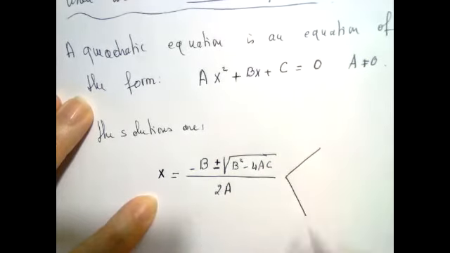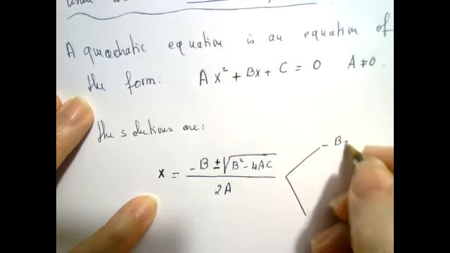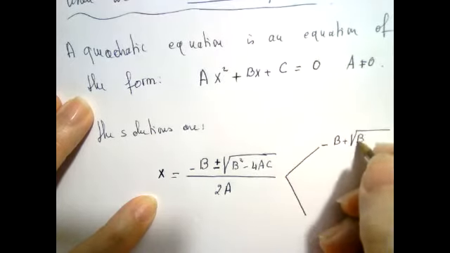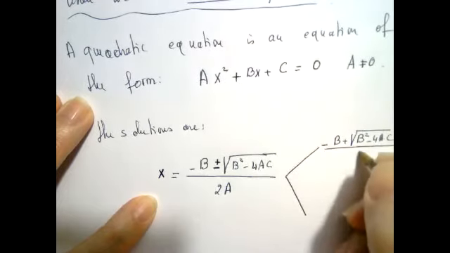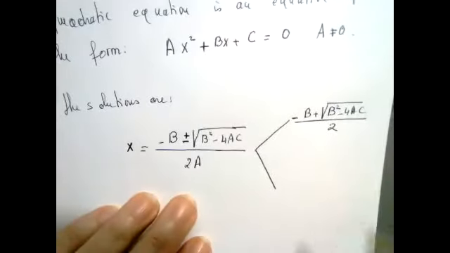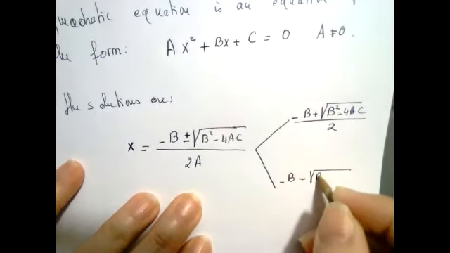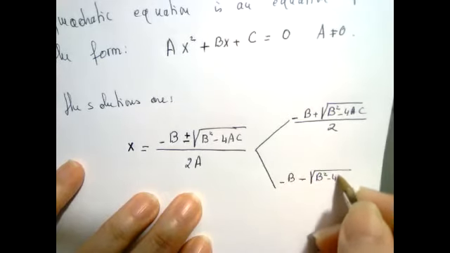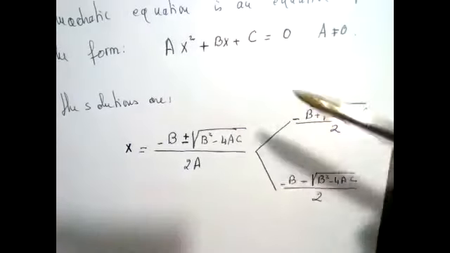In other words, we have two solutions. One is the minus b plus that, the positive one. And another solution is the minus b minus the square root. So we have a quadratic equation, and this works whether you can factor it or not.